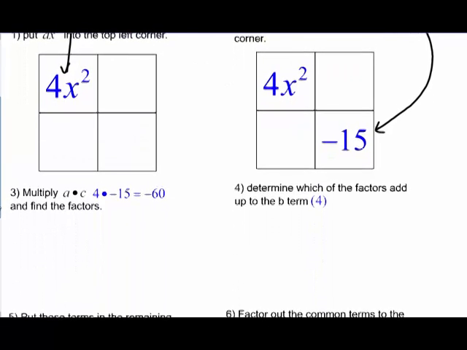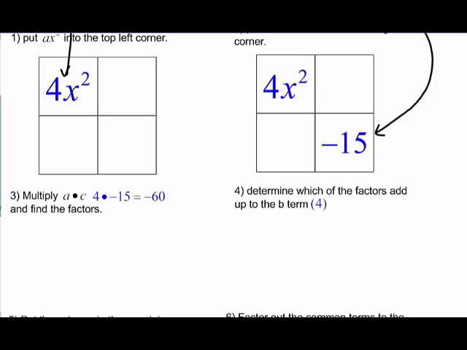So we're going to multiply our a and our c value. So 4 times negative 15 gives me negative 60. I'm going to have to find the factors of negative 60. So we've got negative 30 and 2, or 2 and negative 30. We've got negative 60 and 1, or, pardon me, this should have been negative 230.